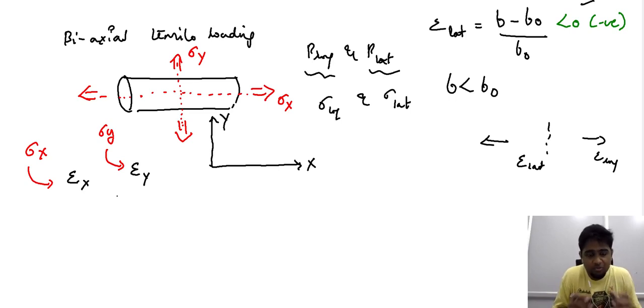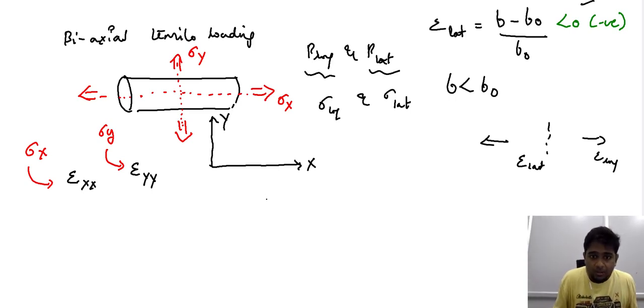One way we can represent it is by considering two subscripts instead of one. What we are trying to do is describe the different strains that are possible when we are imposing biaxial tensile loading. For a given loading, there are two responses, one response along the loading direction and the other response perpendicular to the loading direction.